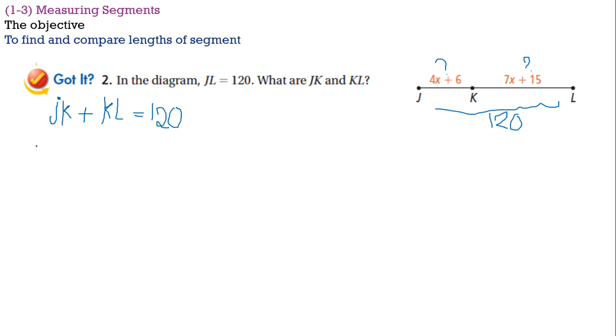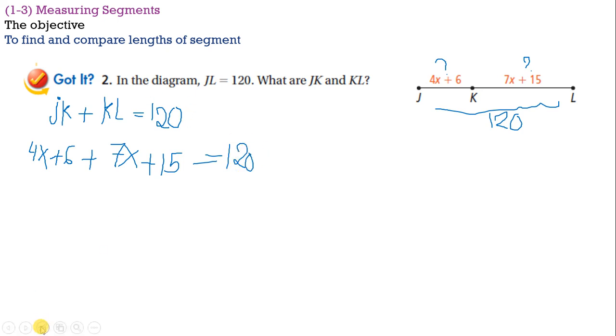Now just substitute in what you have. 4x plus 6 plus KL, which is what I have, 7x plus 15, 7x plus 15 equals 120.